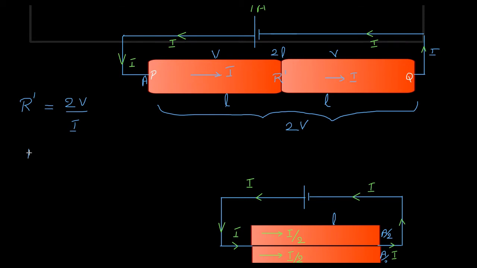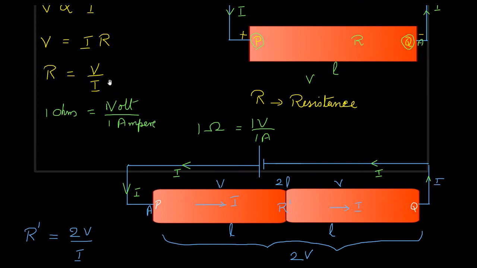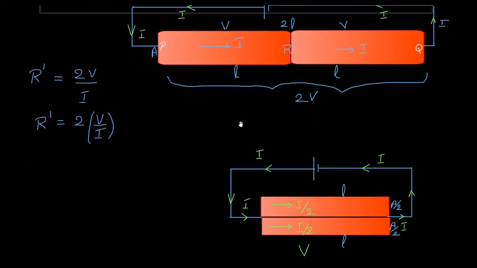Or R dashed is the new resistance, which is 2 times V by I. In the previous case, already we had seen V by I equal to R. Or the new resistance is R dash, which is equal to 2 times R, which implies that resistance of the conductor is directly proportional to length. Let us call this equation number 1.